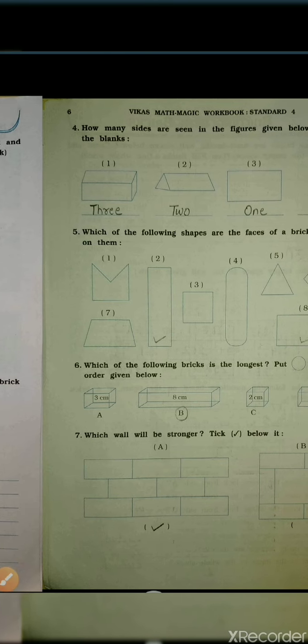These three bricks can hold the weight of the upper bricks easily because of their structure. But in B, these downward bricks cannot sustain the weight of the upper bricks. That is why the wall A is stronger than wall B. So your answer is A.